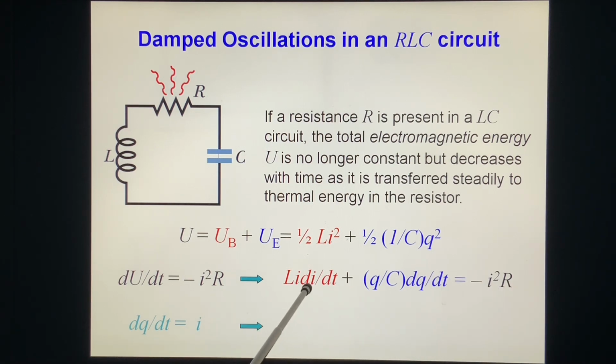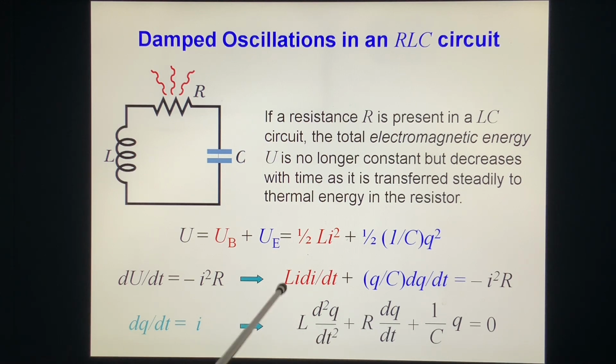We get L times the second derivative of Q with respect to time t, plus, you see this R moved here, R dq/dt, plus Q over C equal to 0. What is this? This is a little bit familiar. This is a second order differential equation. It's linear, no square, linear, okay? And we have to solve this differential equation, get the answer.